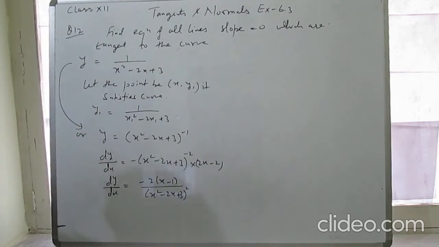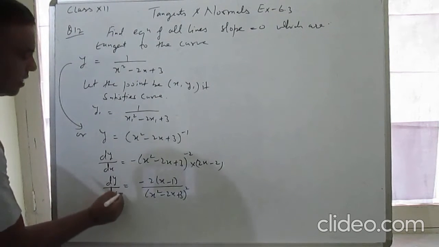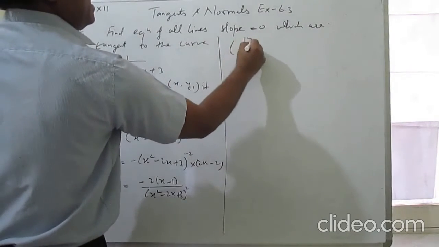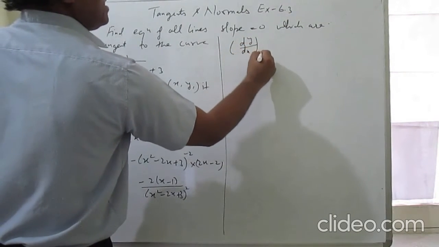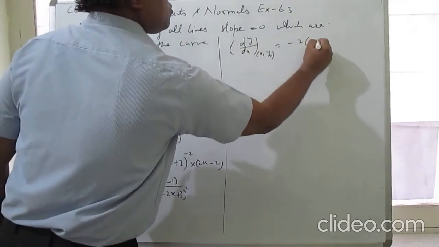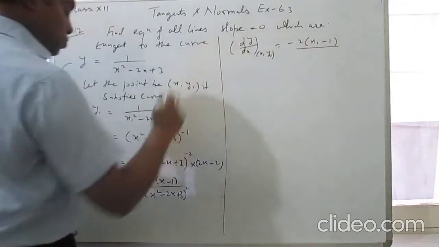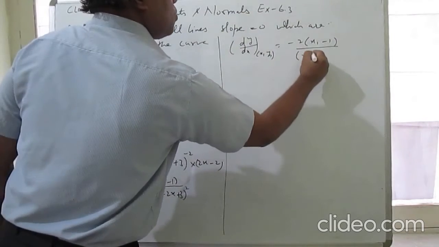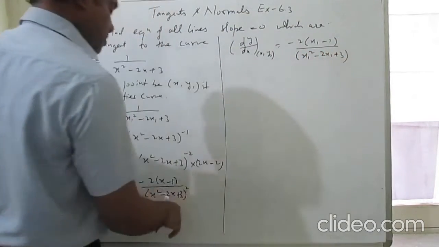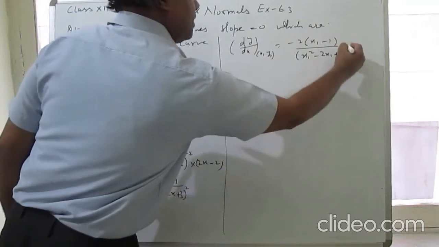Now we find dy by dx at x1 y1 क्या होएगा, minus 2 x1 minus 1 upon x1 square minus 2x1 plus 3 whole square. पॉइंट स्लोप को भी सेटिस्फाइड करेगा.